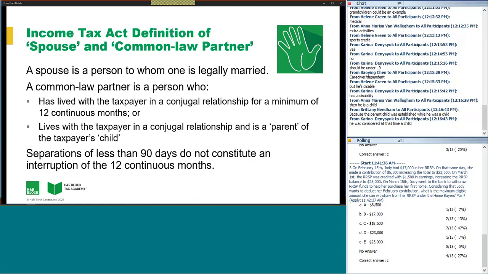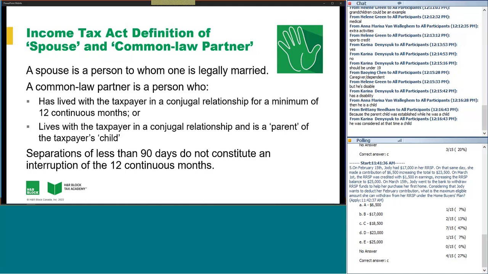Now, parent of their child can be easy. If it's a biological child, it's a biological child. But remember, you might be the parent of a child who has no blood relationship to you and you have not adopted them. If you have care, custody, and control and they're minors, they are your child. And as soon as you have two adults in a relationship together with a child in the house who is their child, you are common law from that moment on. Okay? Taxpayers do not know this.